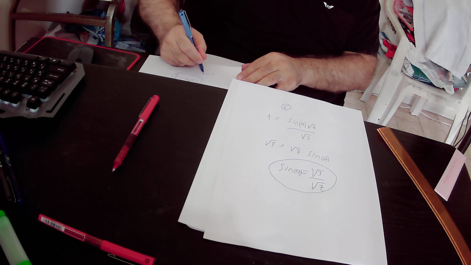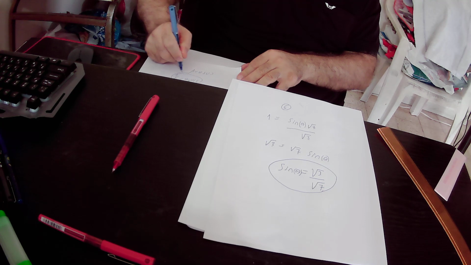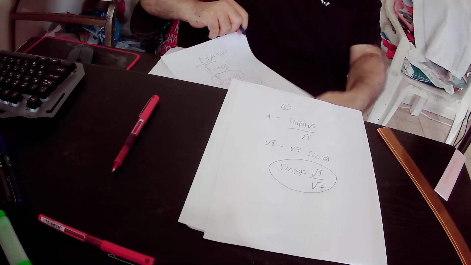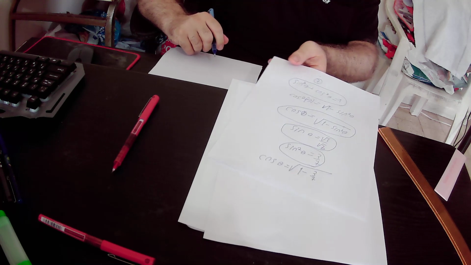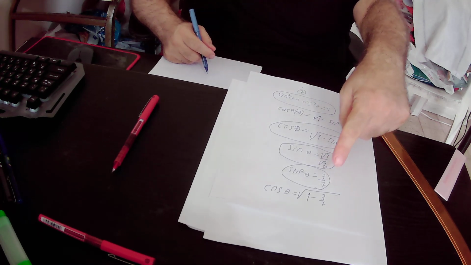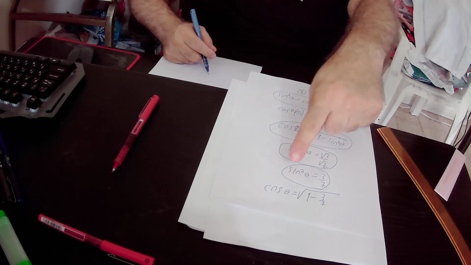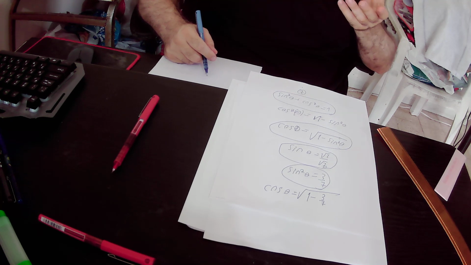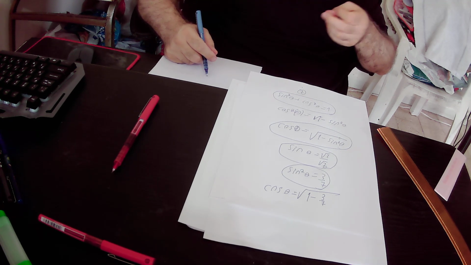cosine theta equals the root of 1 minus 3 over 7. We substituted sine theta squared by 3 over 7, and we got that cosine theta equals the root of 1 minus 3 over 7. 1 minus 3 over 7 equals 4 over 7.